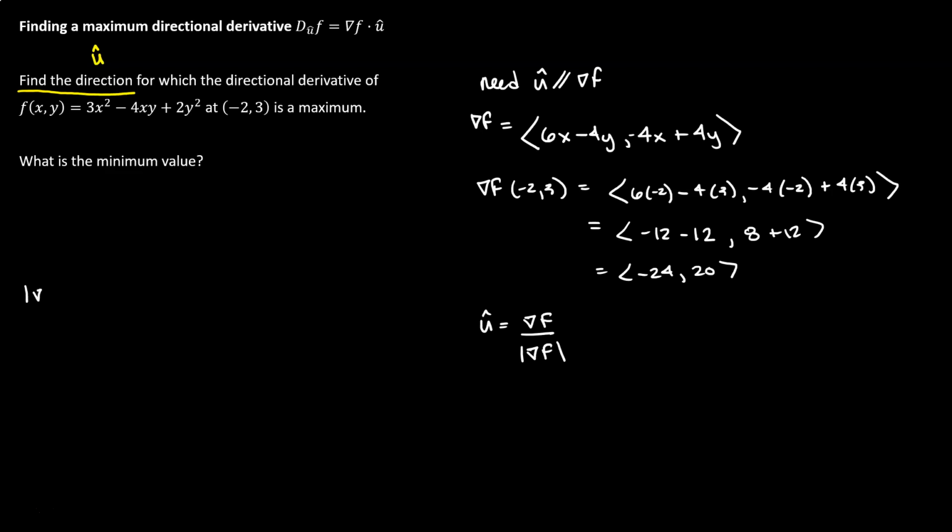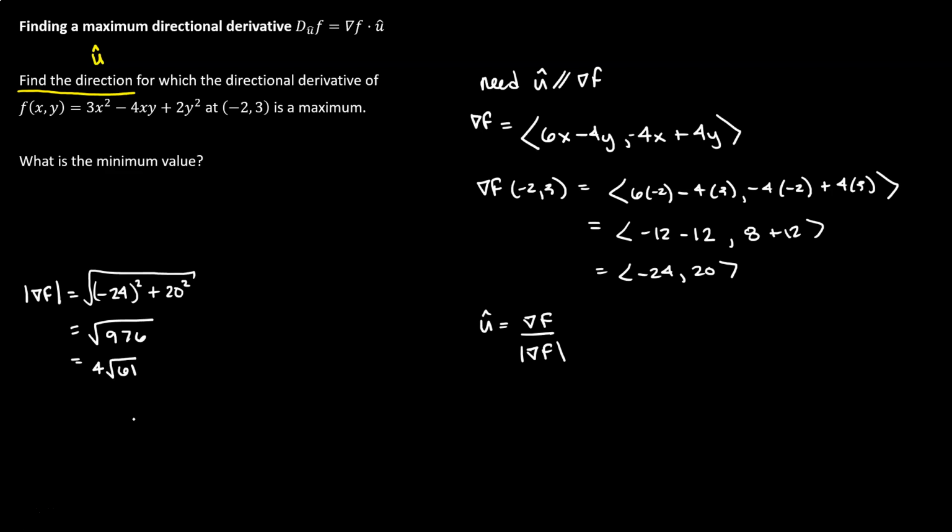So let's do some scratch work over here. Magnitude of our gradient vector looks like negative 24 squared plus 20 squared square rooted. Typing that into the calculator, I'm finding that simplifies to be the square root of 976, and that simplifies even further to be 4 square root 61.